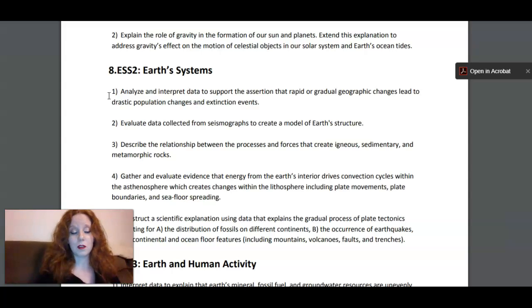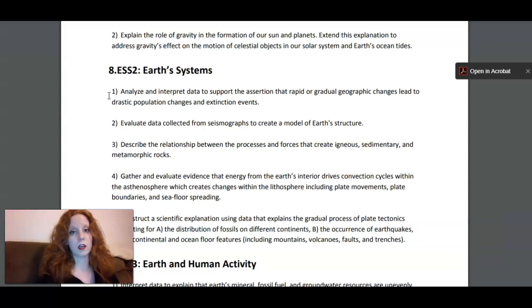In layman's terms, it's saying to look at data, charts, graphs, phenomena, etc., and pretty much use that data to explain how geographical changes affect populations over time, negatively or beneficially.